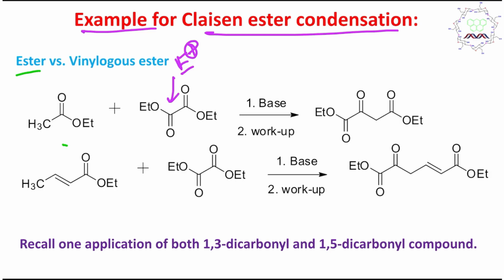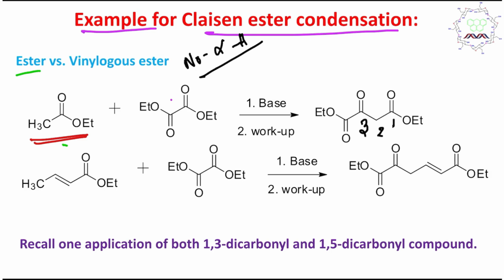In this case, if you look at this oxalyl ester, this group has no alpha hydrogen. So if it has no alpha hydrogen, it cannot produce the enolate and participate directly, whereas it is more reactive as an electrophile. So if you take this mixture, this is ethyl acetate, which has alpha hydrogens, two alpha hydrogens, so it can efficiently react and ultimately produce this 1,3-dicarbonyl compound, just 1 and 3 relatively.